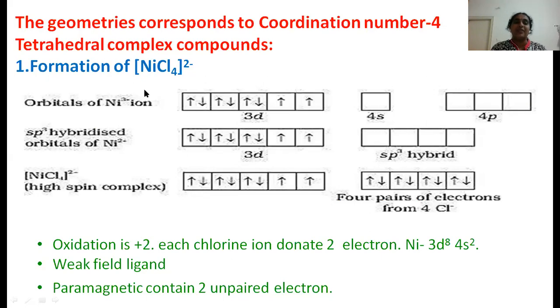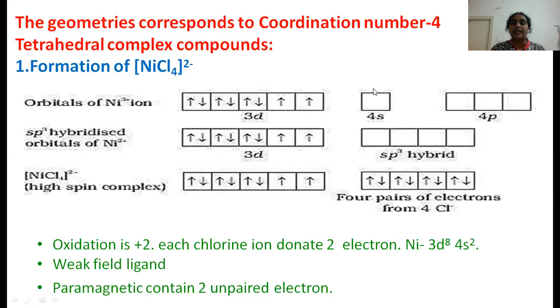Chloride is a weak ligand, so it is not able to pair these electrons, and they remain in each orbital. In the presence of this ligand, one s and 3 p orbitals combine and form sp3 hybridization.